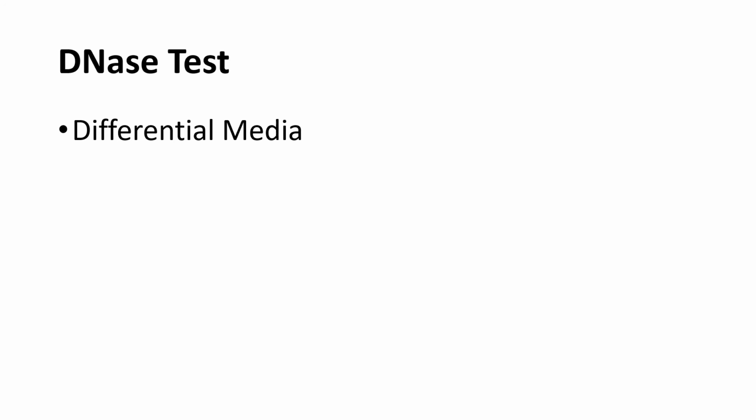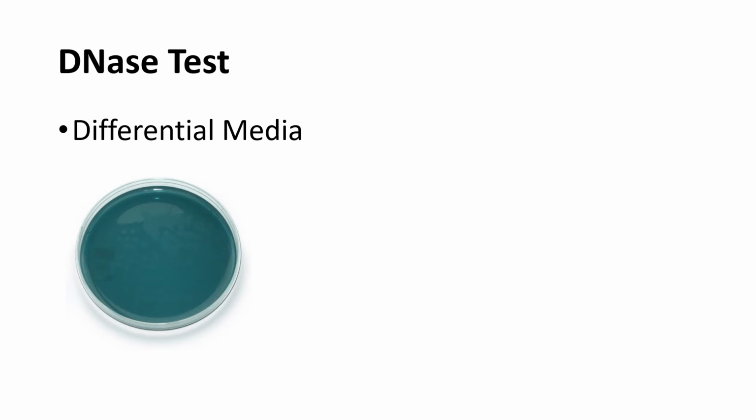Remember, differential media contains substances that change color depending on the type of bacteria that are grown on it. This is an example of DNase media. It is regular TSA media that contains DNA and an indicator such as methylene blue, which binds to the DNA.